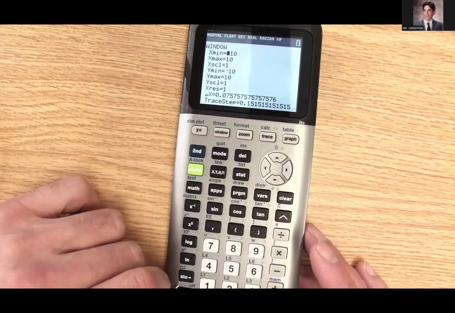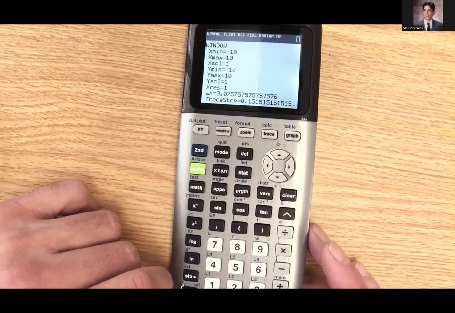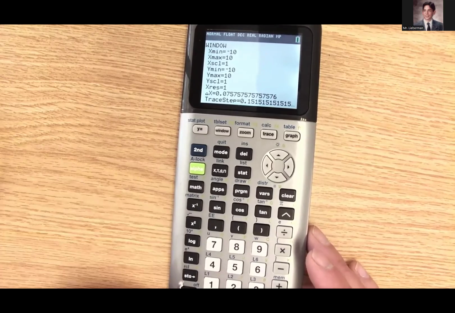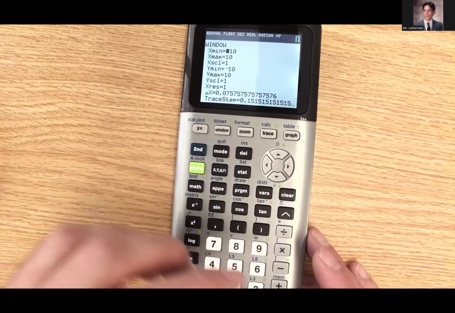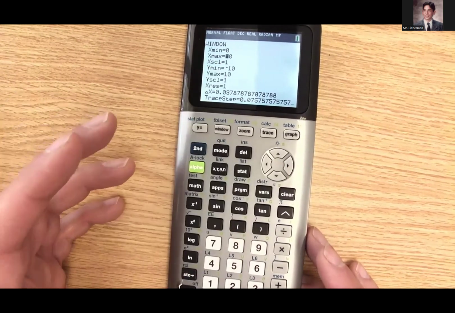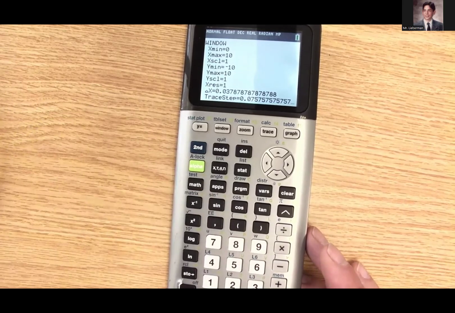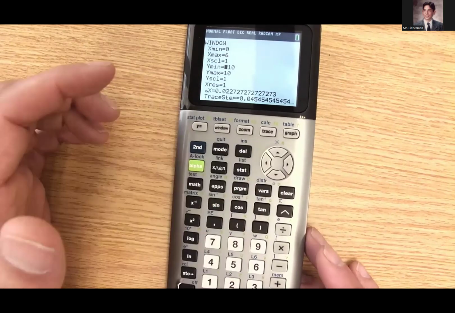Okay, so the window: X min maybe -5. Yeah, -5 is too much, isn't it? Maybe 0. X max 5. Let's give ourselves a little room, 6, but 5 would work too.